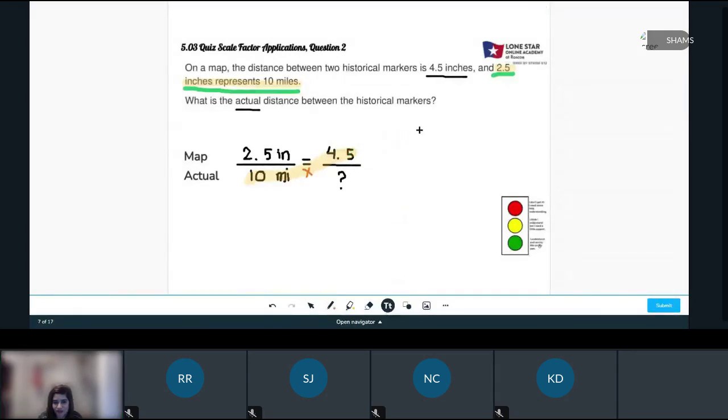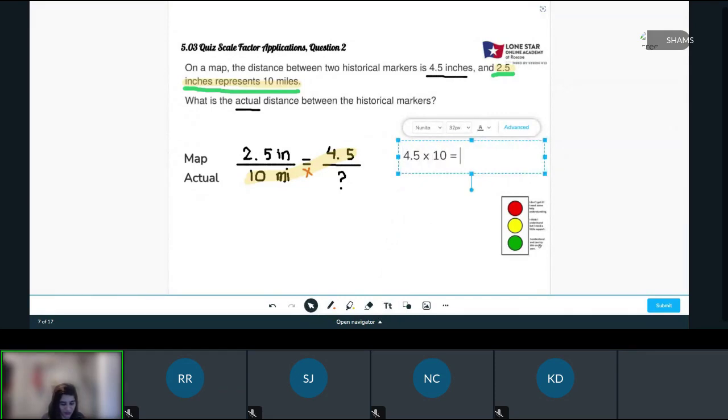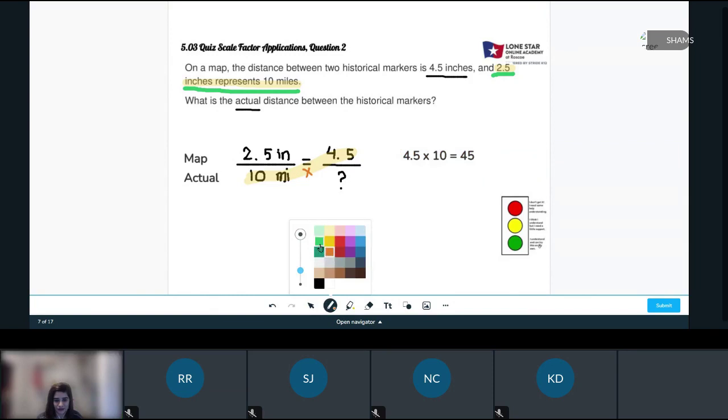So 4.5 times 10 gives you 45. Next, you will do division. You will divide by 2.5. Then divide this 45 by 2.5.